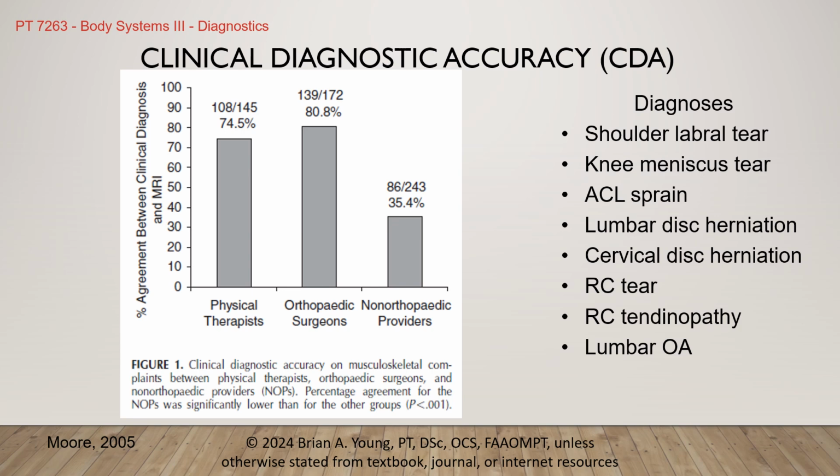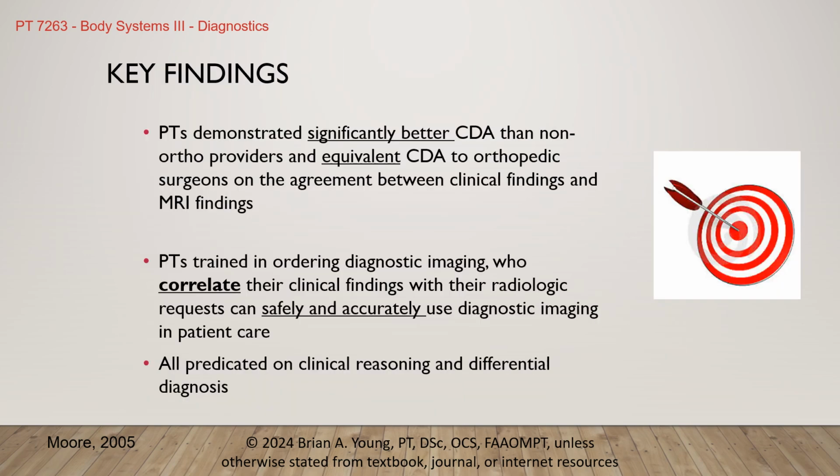So again, if we can tie these together with a physical exam, we can see an elevation of accuracy so we can get the most appropriate care delivered for our patients and clients. So from this Moore study, better diagnostic accuracy. We're equivalent to orthopedic surgeons, but that's not just because we have the label of PT. It's because we learn and apply and grow in our skills.